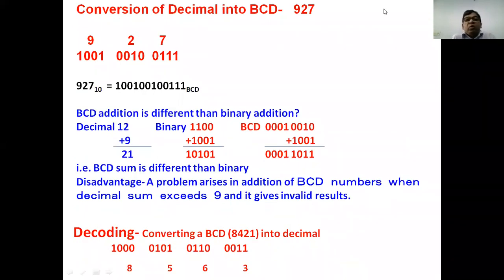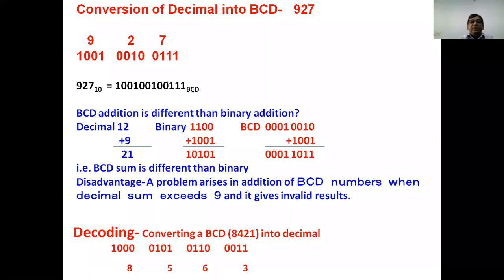Now what about the conversion of BCD? If we do the conversion of decimal into BCD, take one example of decimal 927. How will it be converted into BCD?